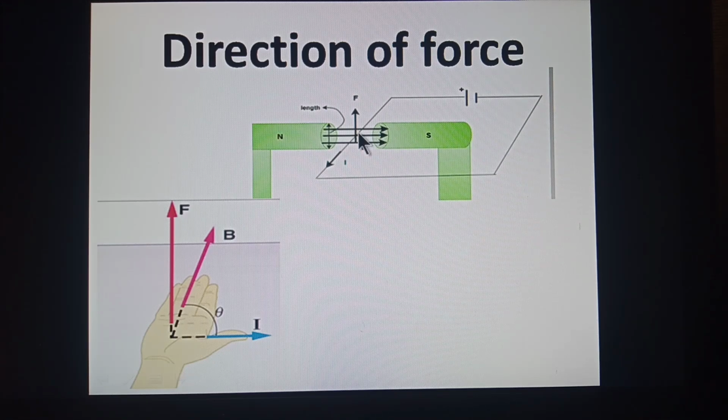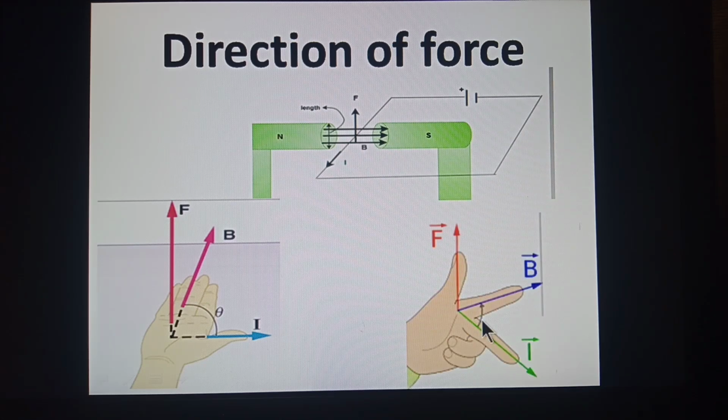Another rule that we use is known as Fleming's left hand rule. According to this rule, the thumb, first finger and middle finger of left hand are considered in stretched position perpendicular to each other.